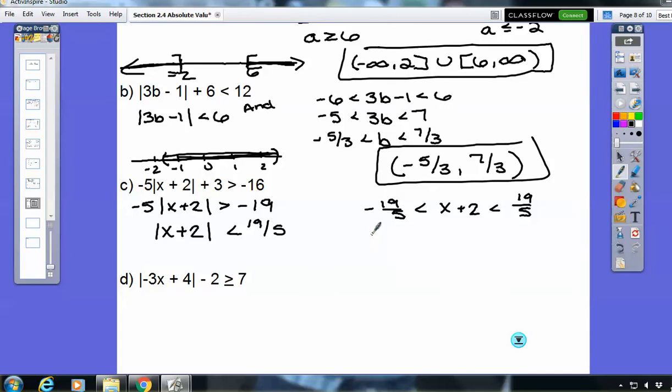Subtract 2 from everything. So negative 19/5 minus 2. Positive 19/5 minus 2. How are we going to write the final answer?